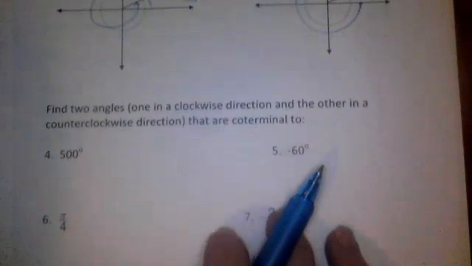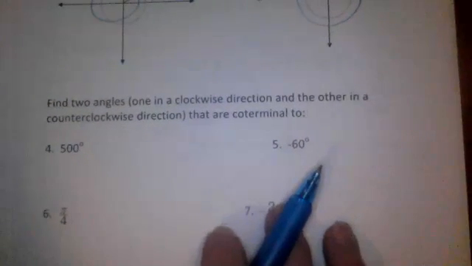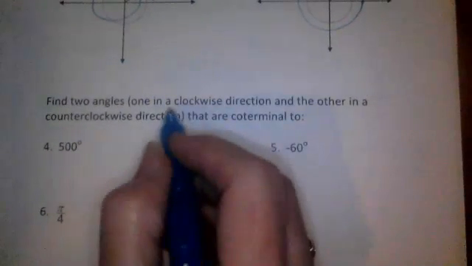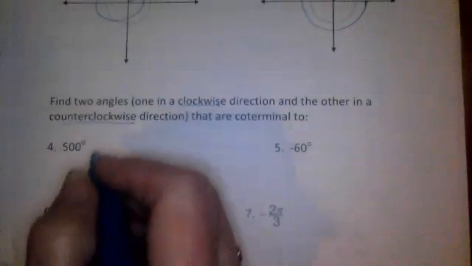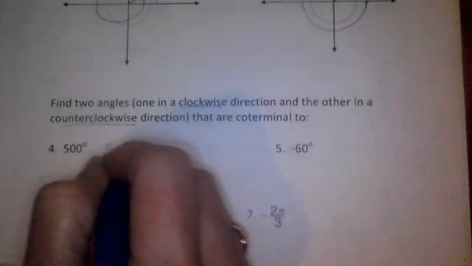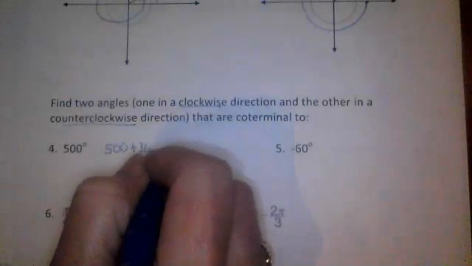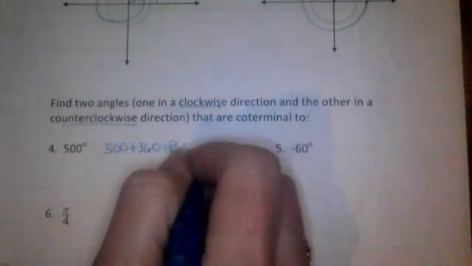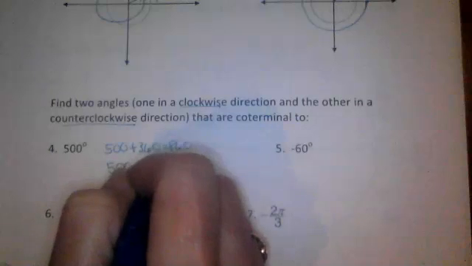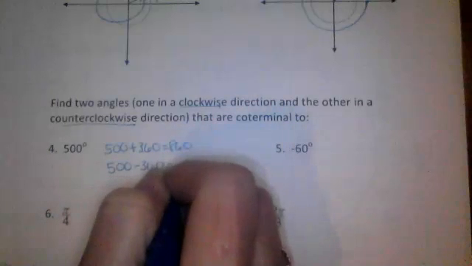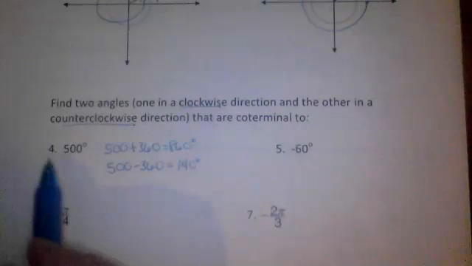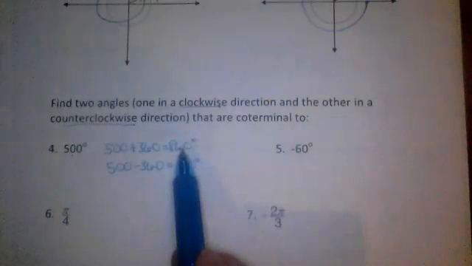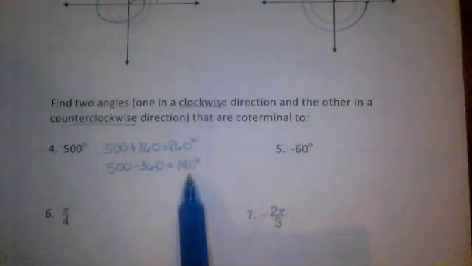So down here they want us to find some coterminal angles. So one in the clockwise direction, one in the counterclockwise direction, which means we're just going to add a rotation. So 500 plus 360, and then 500 minus a rotation, minus 360. So 500 degrees, 860 degrees, and 140 degrees, they all end up in the same spot.